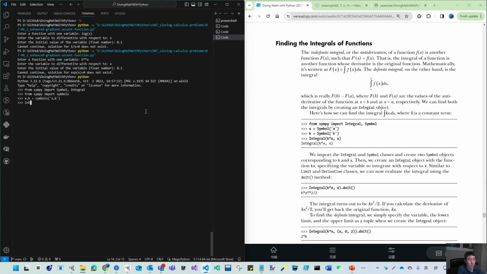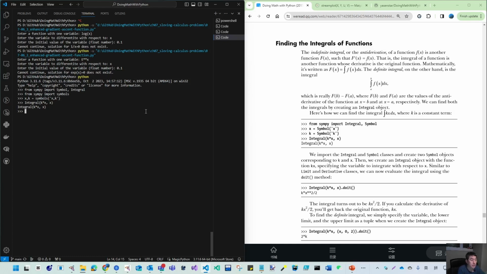Then what we can do is Integral. We have an expression or function, k times x, with respect to x, to do this integral. Then we will have the integral of kx. With your college mathematical knowledge, it should be a half times kx squared.